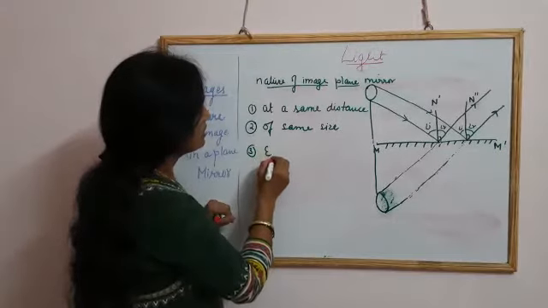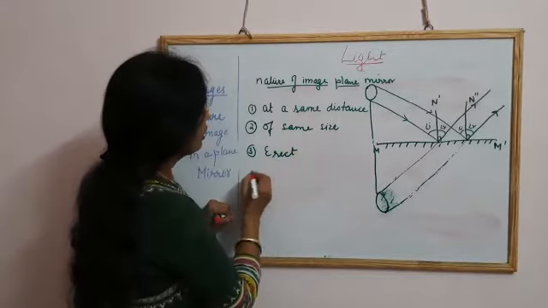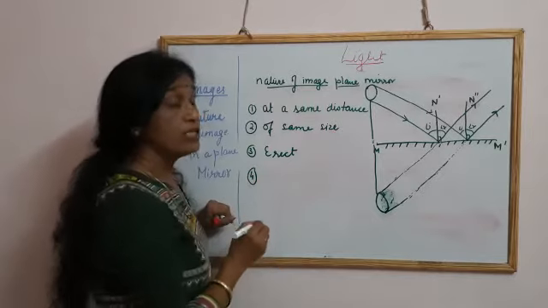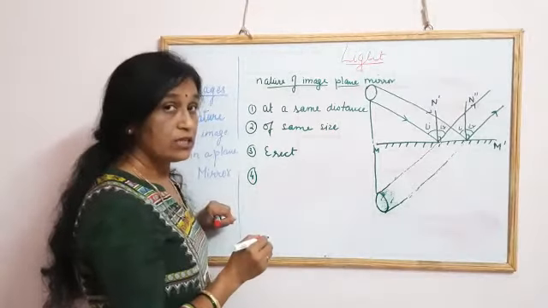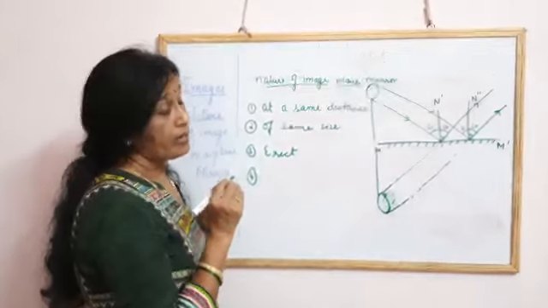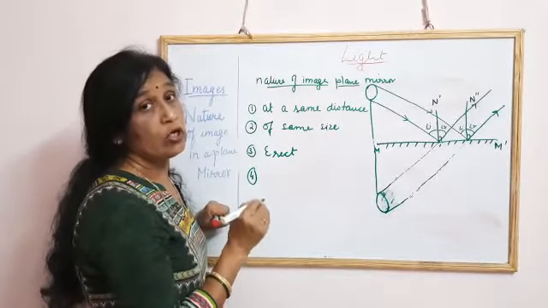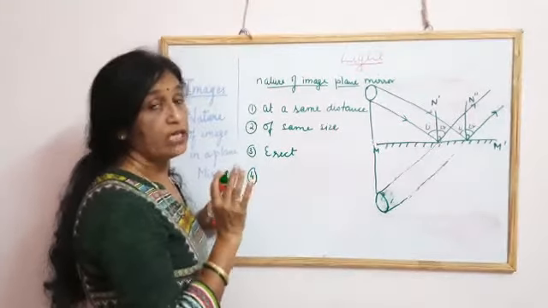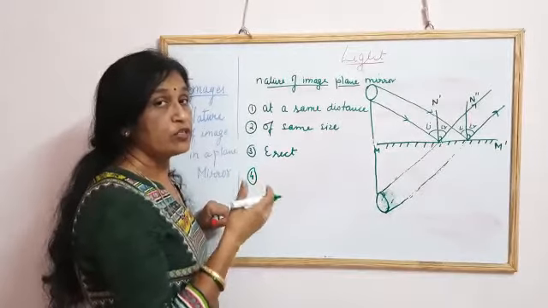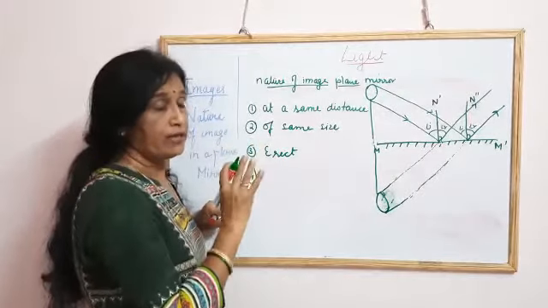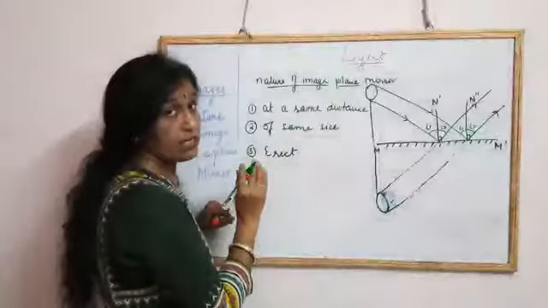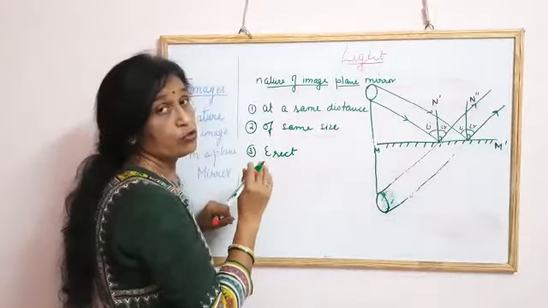Okay. So it is erect, and the fourth one is that left appears to be right in an image and right appears to be left, and this is called lateral inversion. Lateral means sideway, inversion means inversion, top left, like, है ना. So sideway inversion means left appears to be right and right appears to be left.